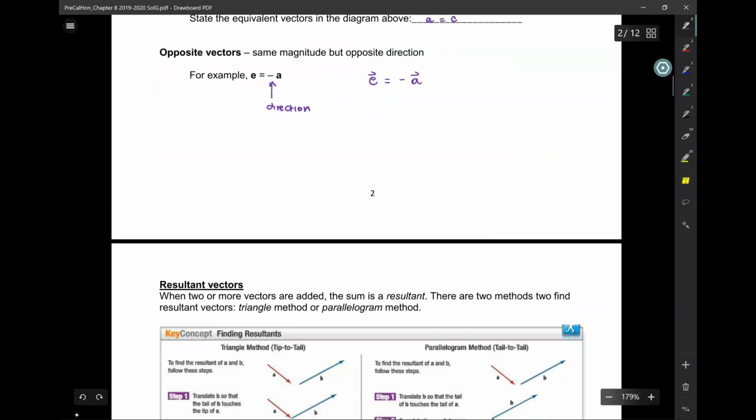So the negative does mean direction, meaning if I say my velocity is 30 miles an hour, and then I say my velocity is negative 30 miles an hour, negative means I'm going in the opposite direction at 30 miles an hour. Can it be negative equals A? It could be. It's just that they have opposite signs.